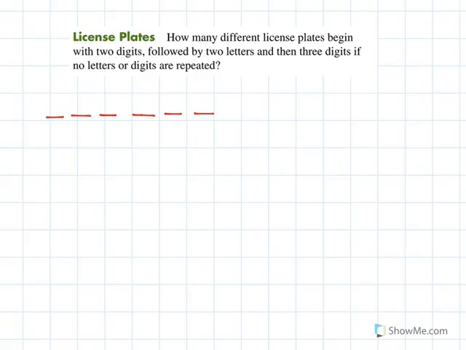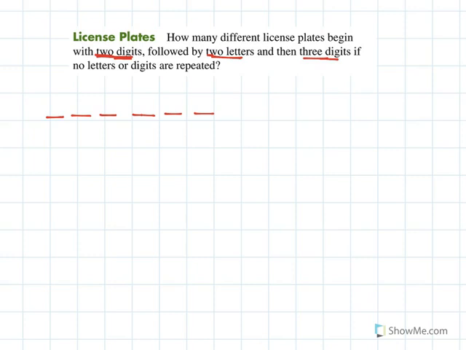Alright, so next question also is about counting the possibilities. But this question is really famous, about license plates. It says, how many different license plates begin with 2 digits, followed by 2 letters, and then 3 digits if no letters or digits are repeated.